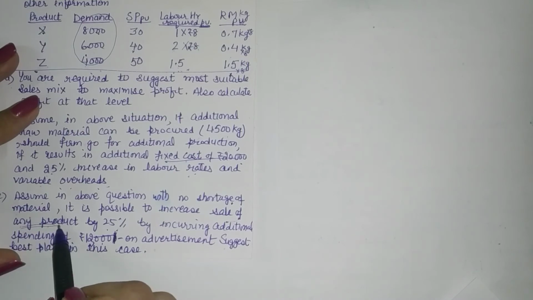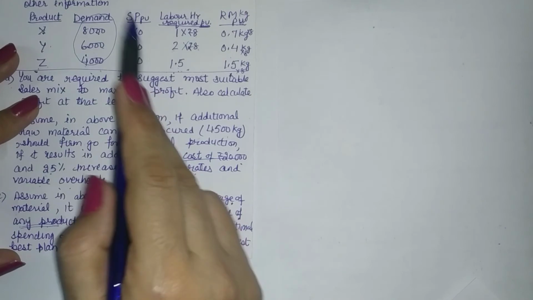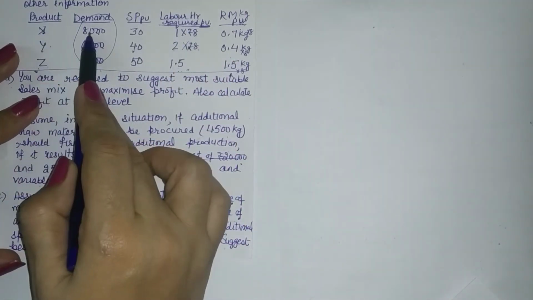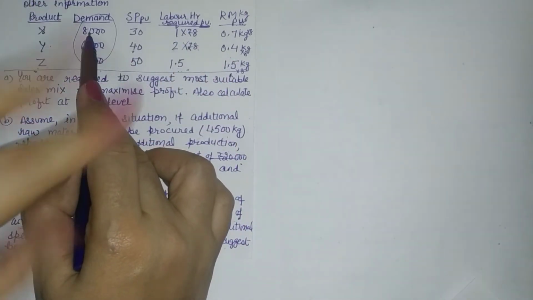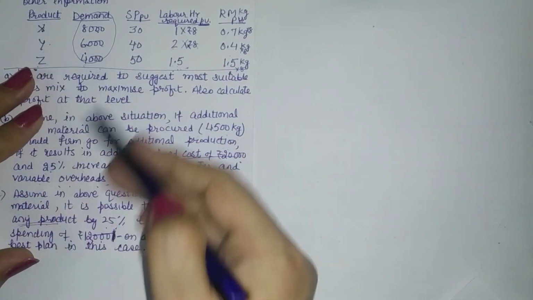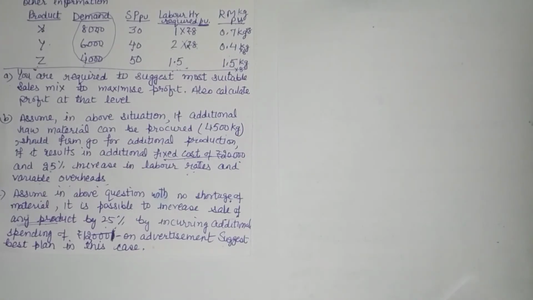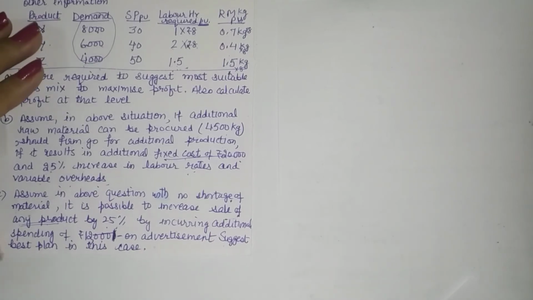It says any product, so it is not X and Y and Z. It is X or Y or Z. So if you go for X, 25% of that will be 2,000 units. For Y, 1,500 units. For Z, 1,000 units. Because in each case, our increase in demand achieved is 25%. So they are asking us, should we go for this if it costs us 12,000 on advertisement?